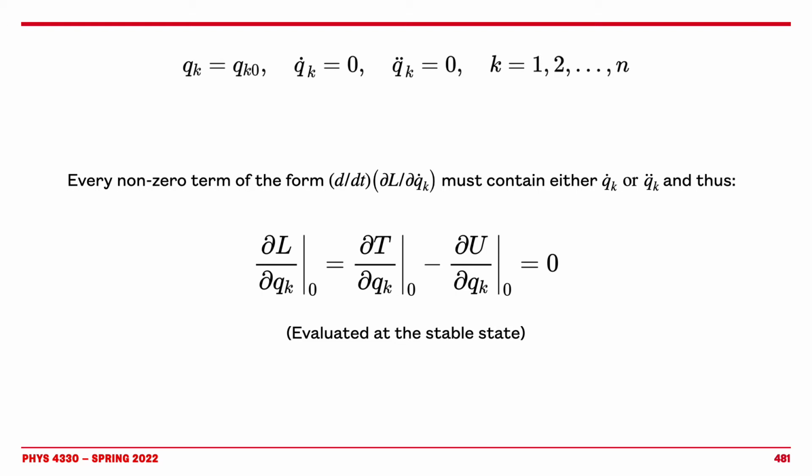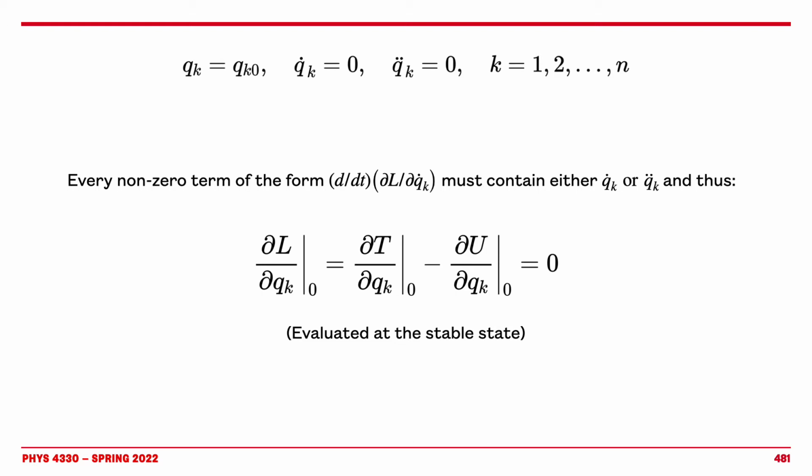So that means that in our case, the time derivative is 0 for the stable situation. According to the Lagrange equation, the derivative of L with respect to qk at equilibrium, that's what the vertical bar with 0 means, is equal to 0, and of course L is equal to T minus U, and we can write this very easily.